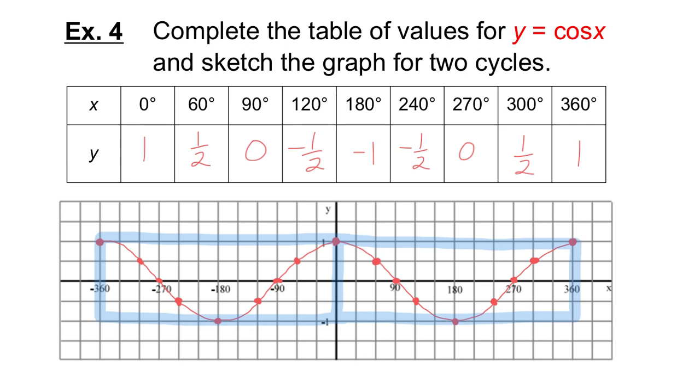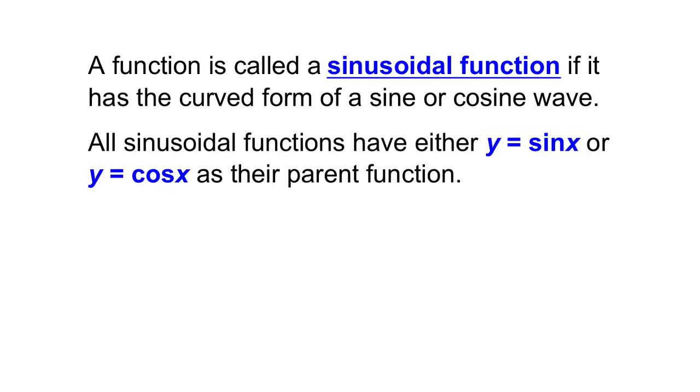So y equals sine x and y equals cos x look very similar, and we see this same periodic wave pattern. So a periodic function is called a sinusoidal function if it has the curved form of a sine or cosine wave.